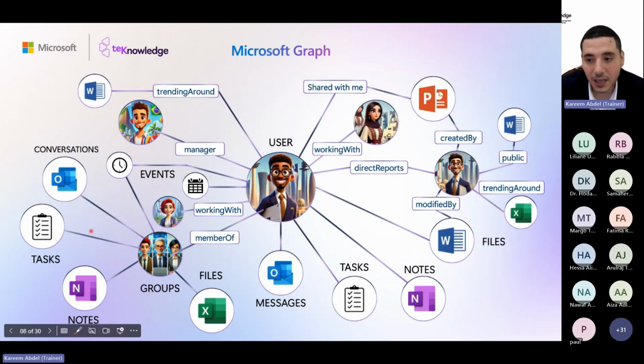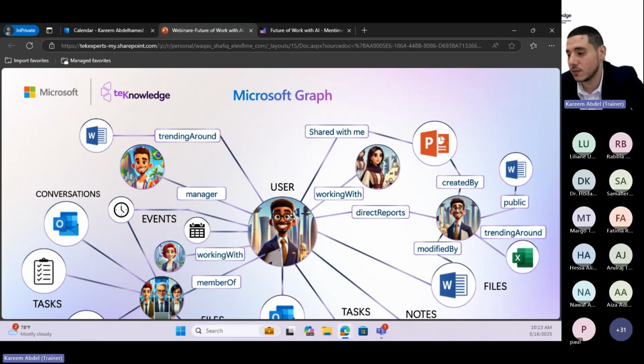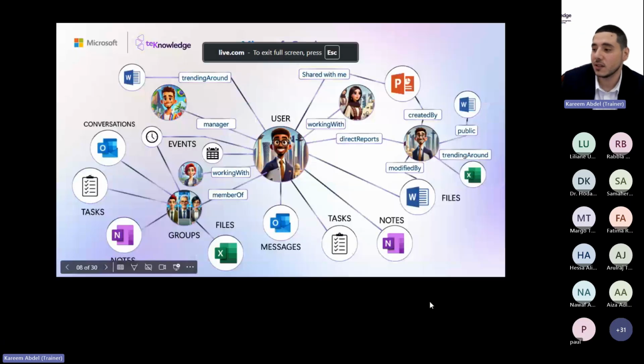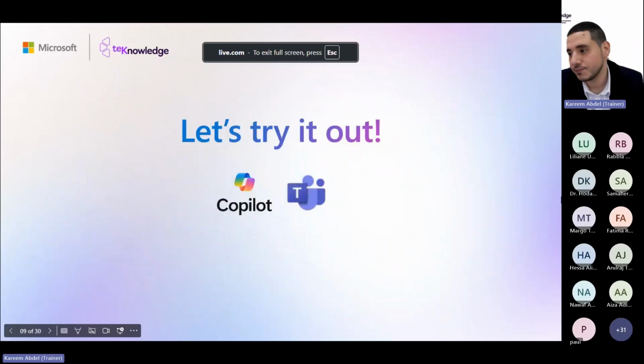And now once this user in the middle has Copilot, Copilot is able to become aware of all of this ecosystem, which gives it the extra edge in generating the most relevant content there is.